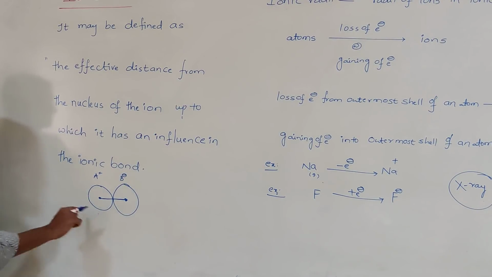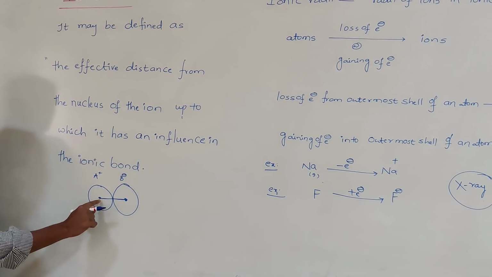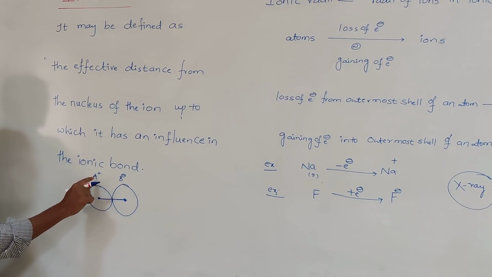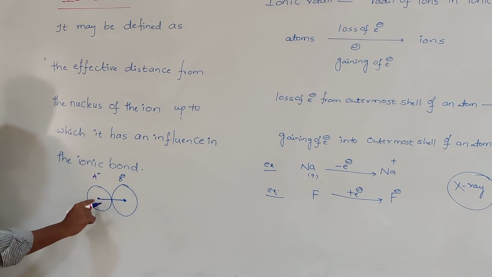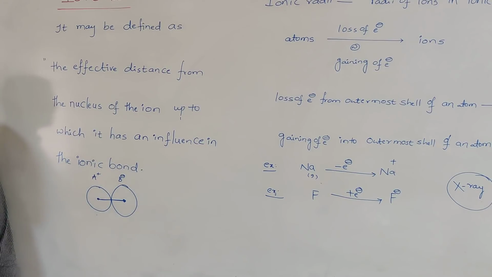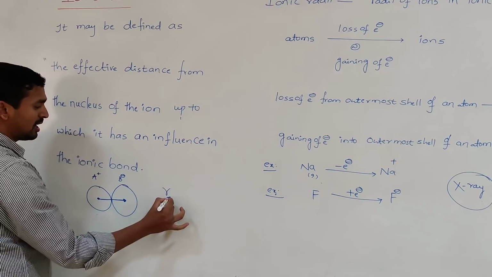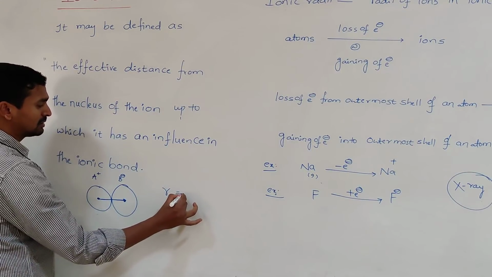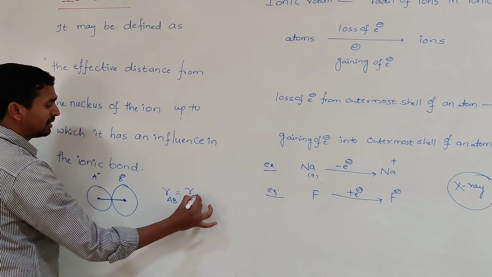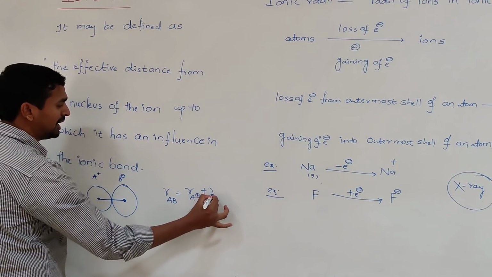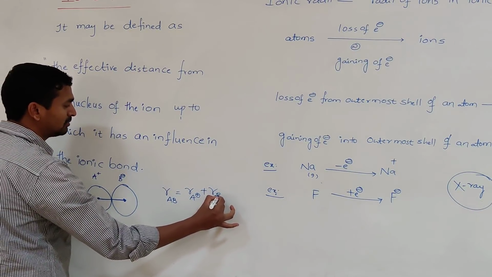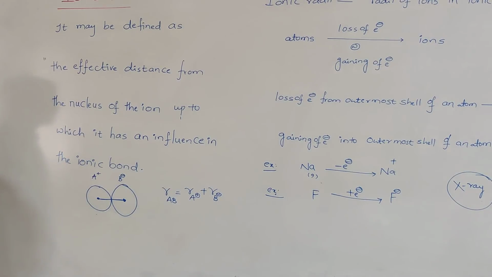But it is not so simple to assign the radius of the anion and the radius of the cation. Calculating the internuclear distance, let us say r_AB is equal to the radius of the positive ion A plus plus the radius of the negative ion B minus.